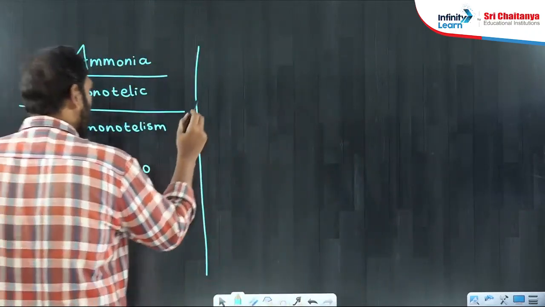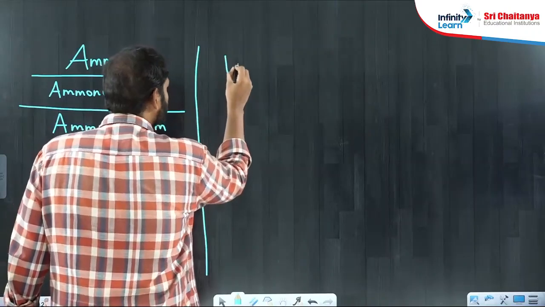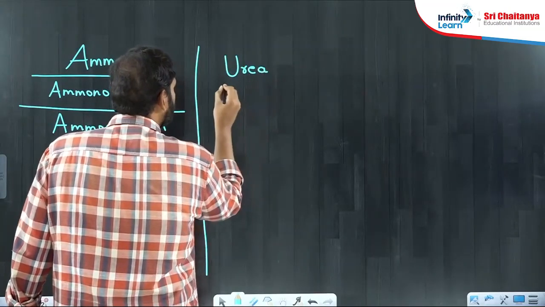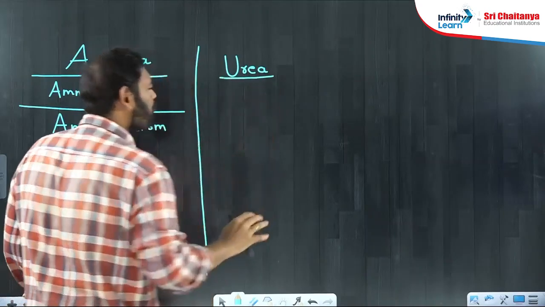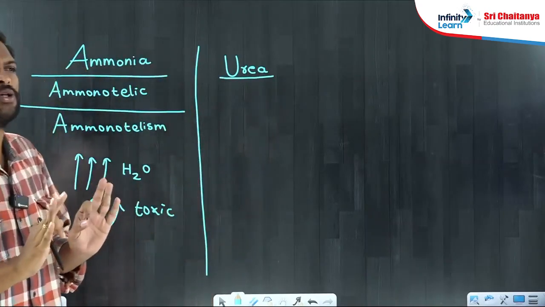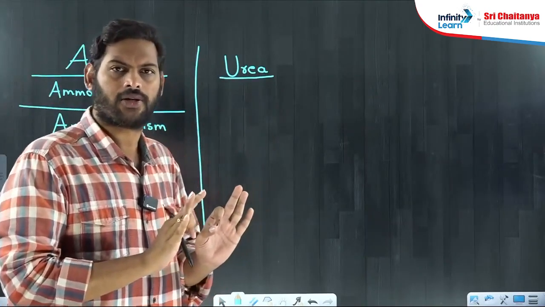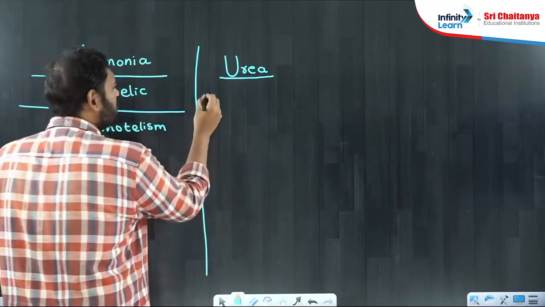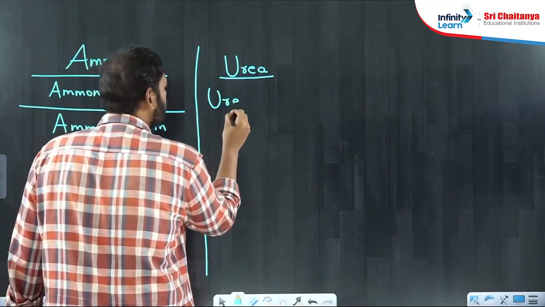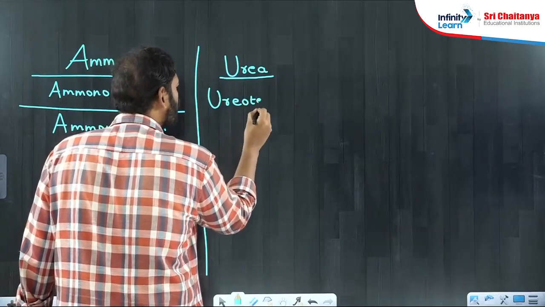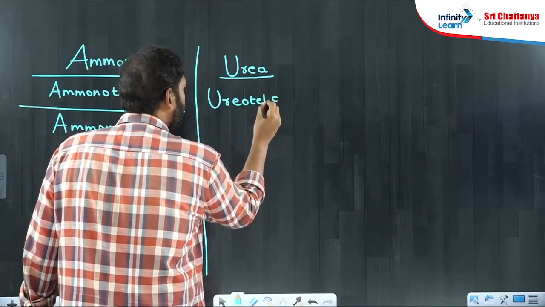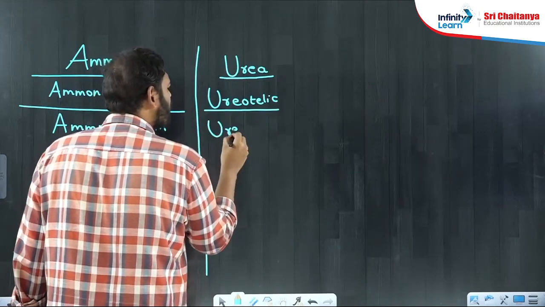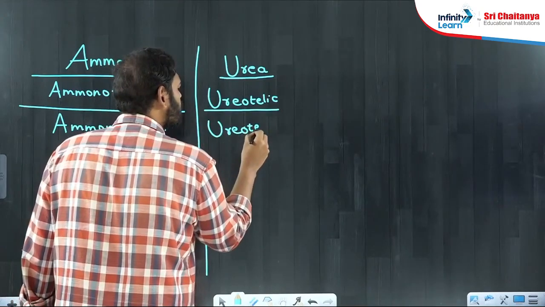Therefore, there were animals which can convert ammonia to urea. They will excrete urea. So urea is mediocre toxic waste, and animals which excrete urea were referred as ureotellic. And this phenomenon of excreting urea was referred as ureotellism.